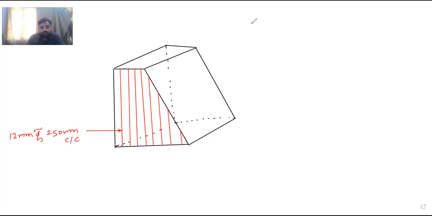The second thing is horizontal ties. Those are provided like this. This is the provision of horizontal ties. These horizontal ties are closely spaced, 125 mm center to center spacing is there. I have not shown here properly, but still you can understand. So this is nothing but 12 mm diameter about 125 mm center to center.